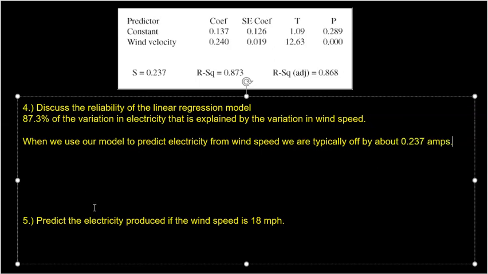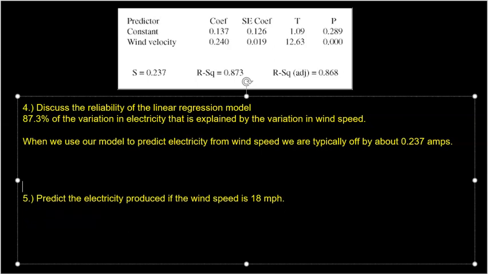Now, I don't know a whole lot about electricity, turbines, and amps, but that sounds pretty small, right? If I'm only off by 0.237 amps, it doesn't sound like I'm off by that much. And that's a good thing, right?